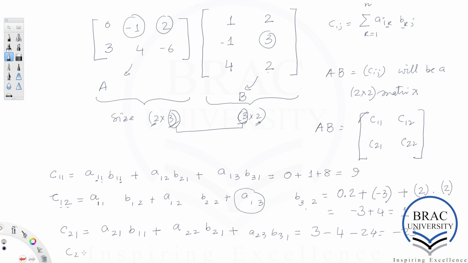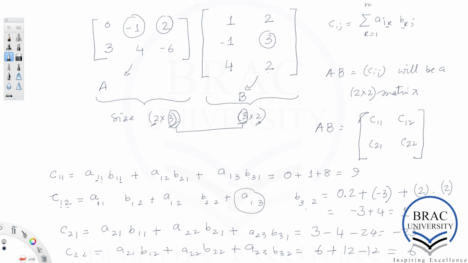And finally we have C22, which is A21 B12 plus A22 B22 plus A23 B32, which is equal to 6 plus 12 minus 12, equal to 6, okay. Good.